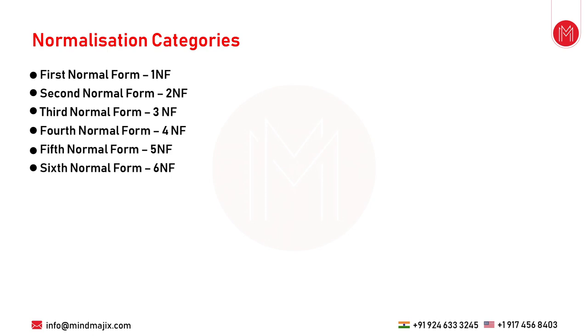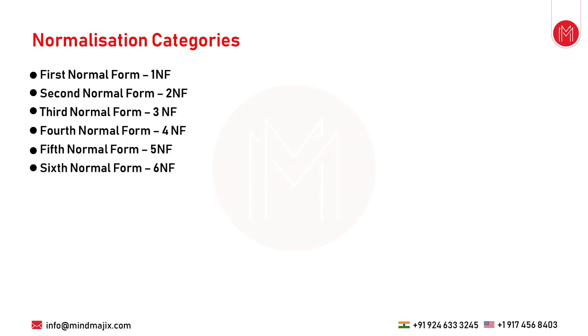Now, let us first discuss the first normal form. Every normal form has a set of rules, like in a Constitution, Article 365 has a set of rules, Article 367 has a set of rules, Article 377 has a set of rules. Similarly, we have sets of rules here.